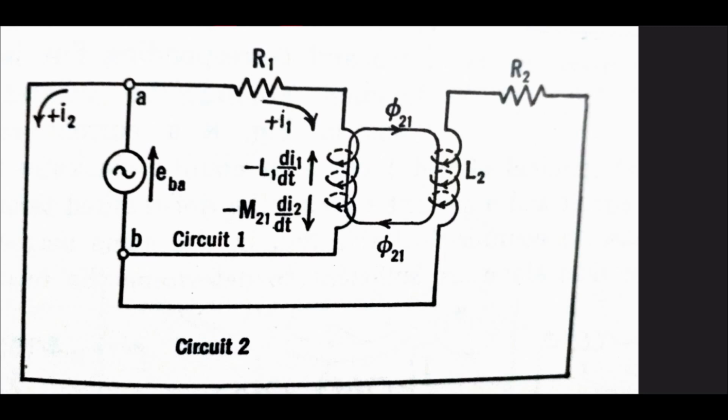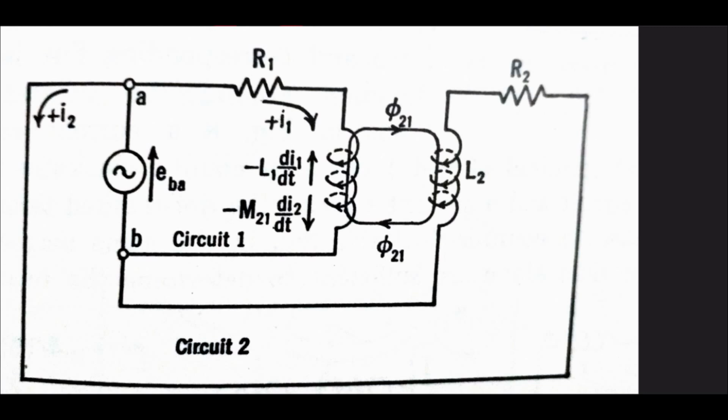It is like your KCL, where you arbitrarily determine the direction of positive current, and then you assign the other currents.